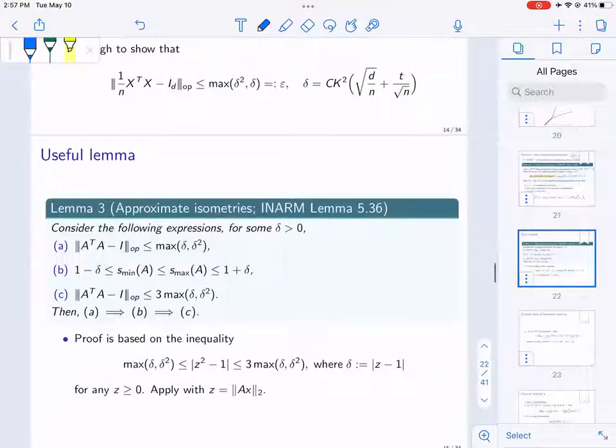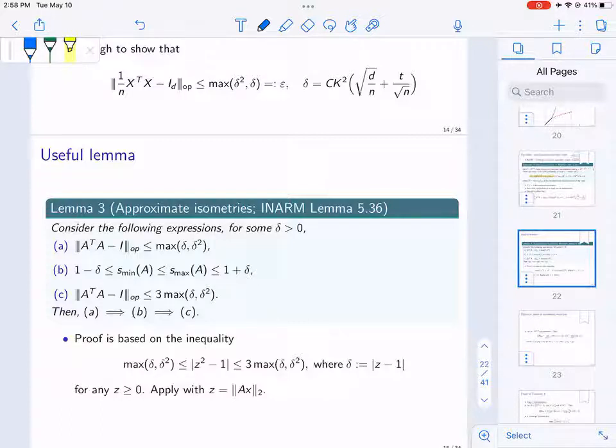Let's look at this, for example. This is the lemma. So if we have A transpose A minus identity, operator norm bounded by the max of these two, then this implies this inequality, and then this implies that inequality. That's the lemma.